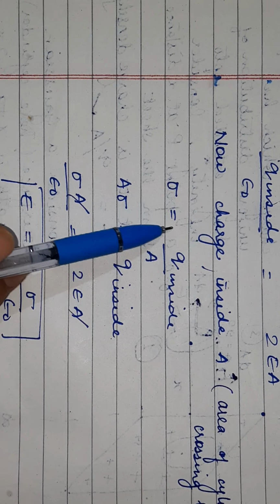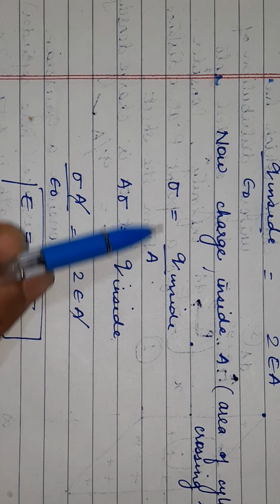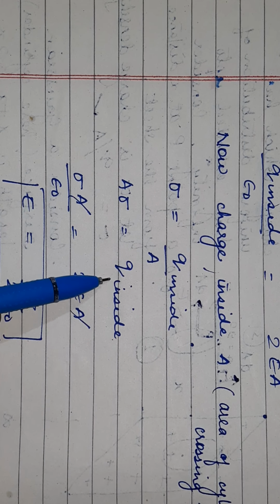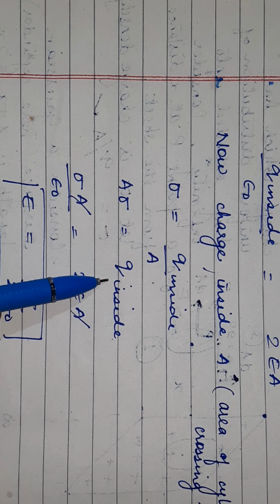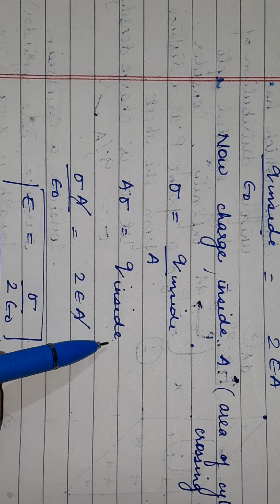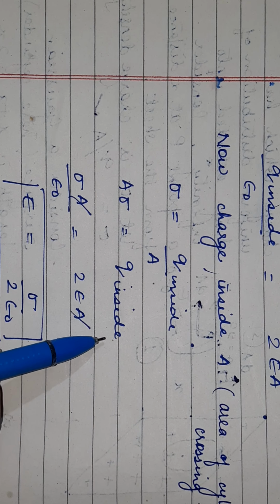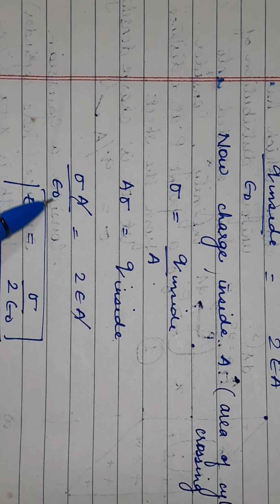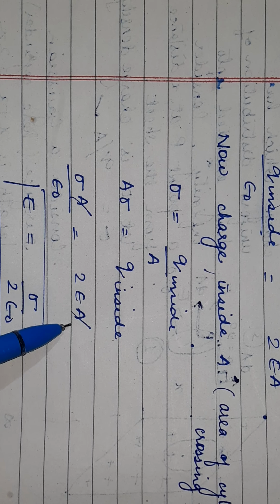Now sigma is equal to Q inside upon A, or we can write A into sigma is Q inside, that is the charge enclosed by the area of the Gaussian surface occupied on the plate. Now we can write A sigma upon epsilon naught is equal to 2EA.